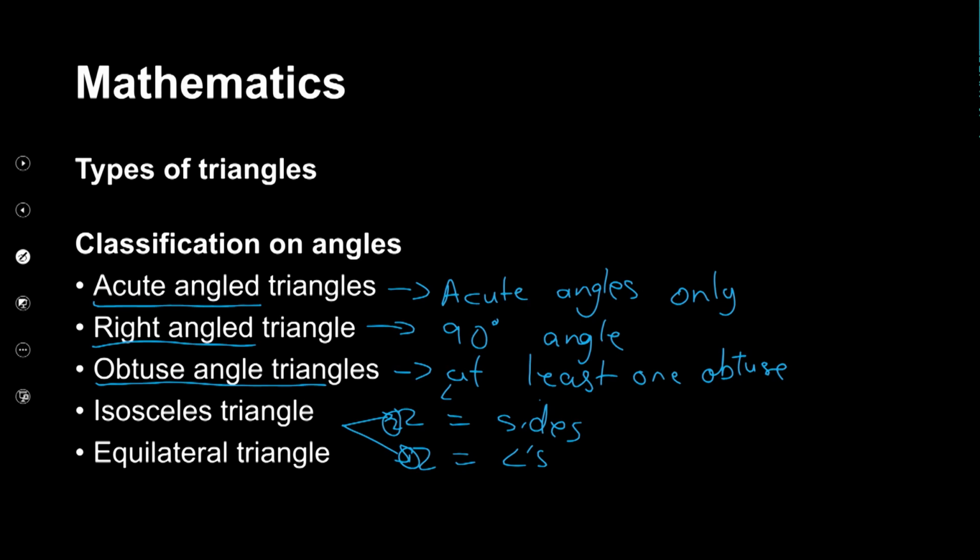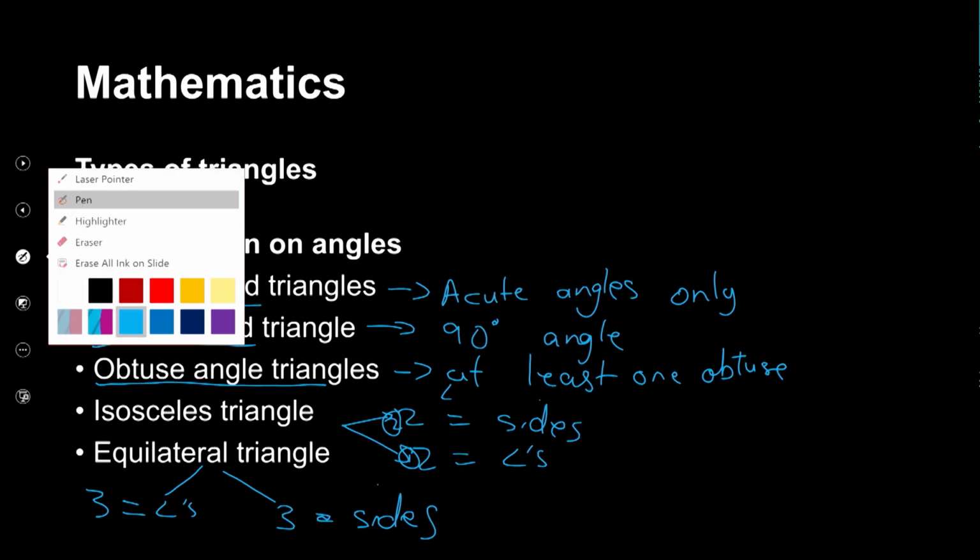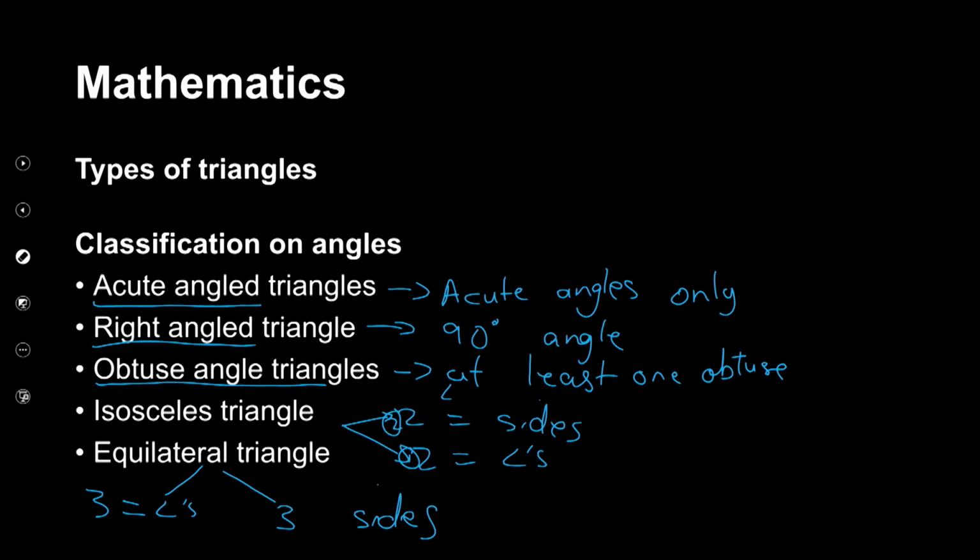And then this will be the second point because of those angles being equal. Then the last one will be equilateral. Equilateral has 3 equal angles, and it also has 3 equal sides. See, so 3 equal angles and 3 equal sides. Now you can see my equal sign there looks very beautiful. Equal there, right?